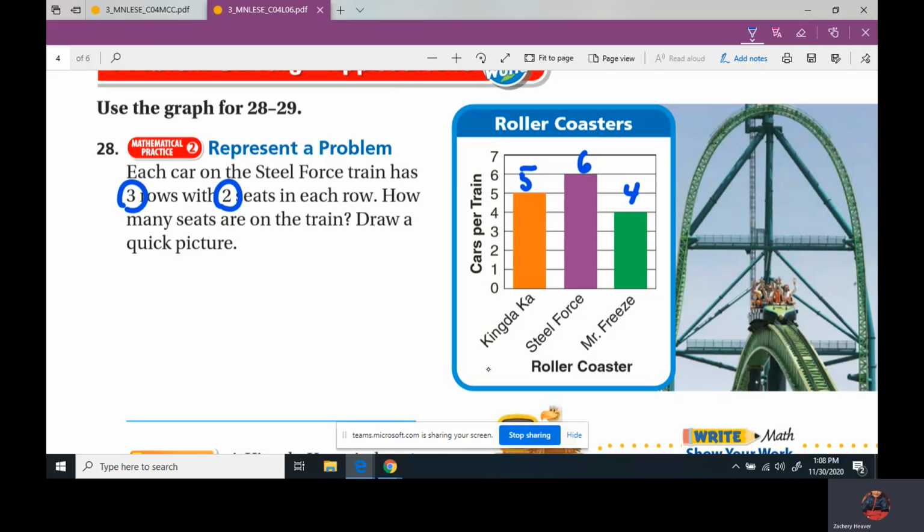So Steel Force has 6 cars per train, and each car has 3 rows. So we're going to have 3 rows of 2. So 1, 2, 3. So there's 1 car, but I have to have 6. Car 2.